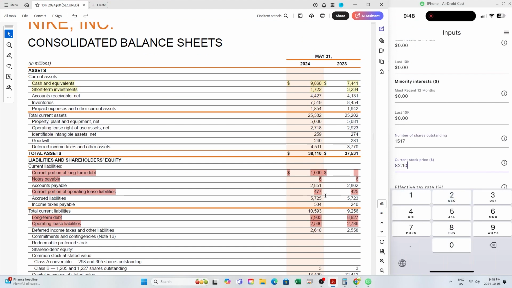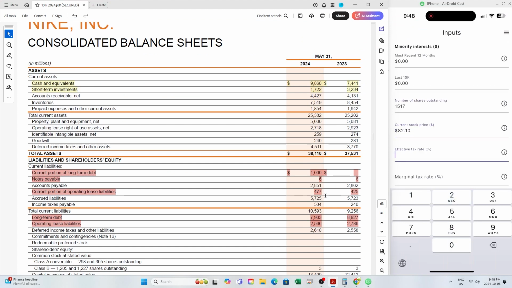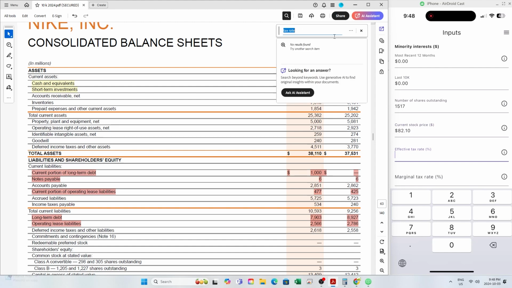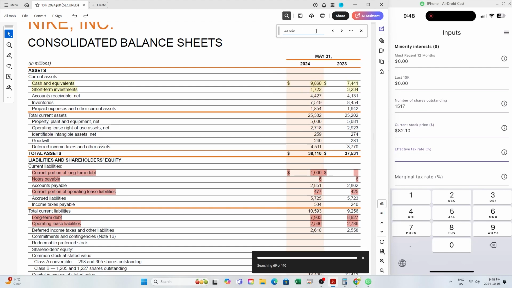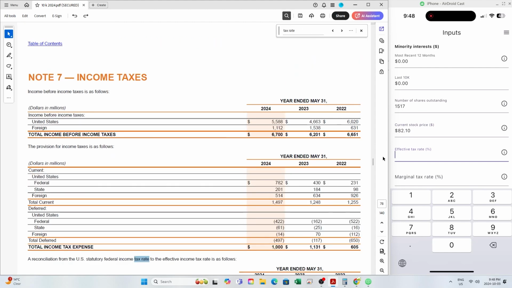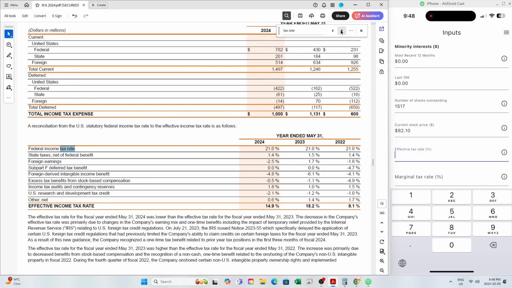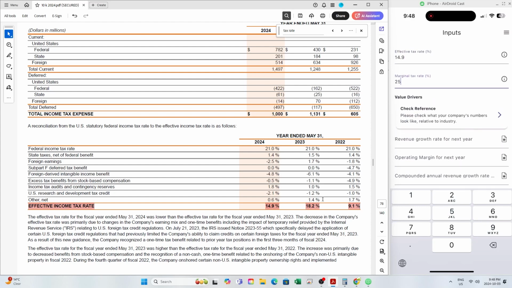Next item is effective tax rate, which we can find by searching the statement for tax rate. They mention it at many places. As you can see, the effective income tax rate for 2024 is 14.9%. Just put 14.9% here, and the marginal tax rate for the US is 25%.